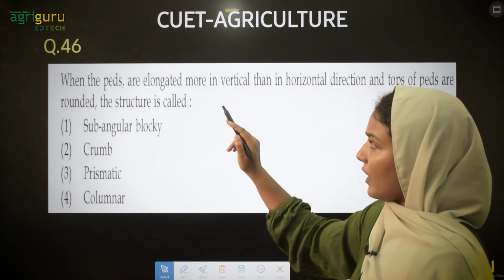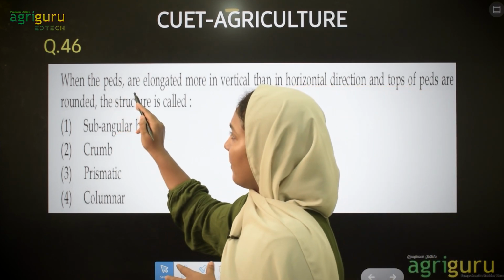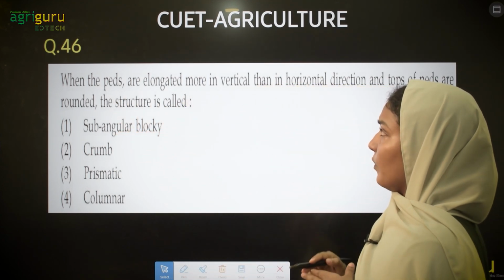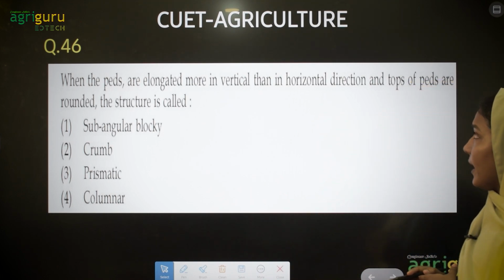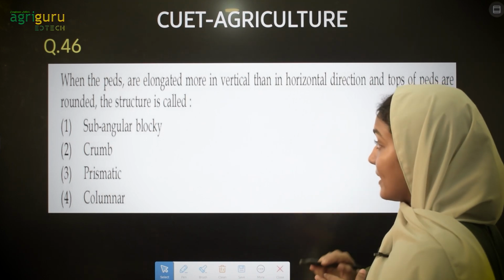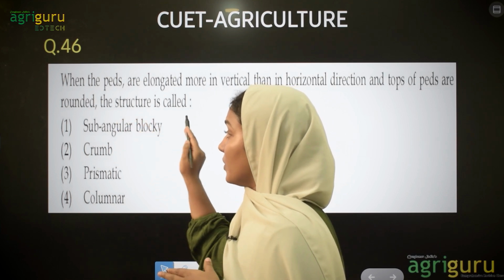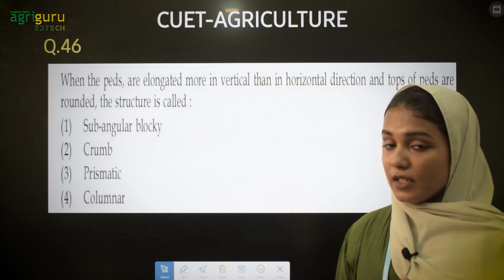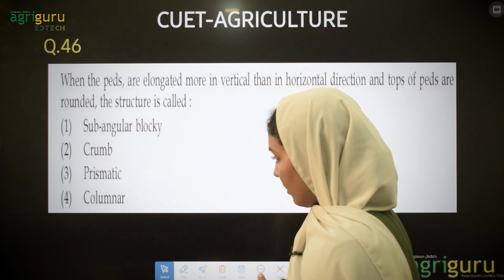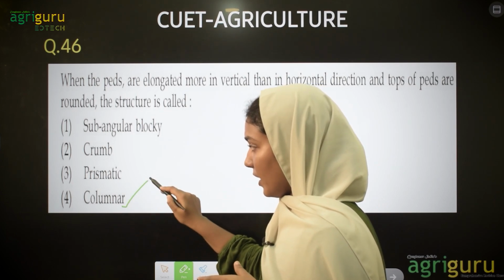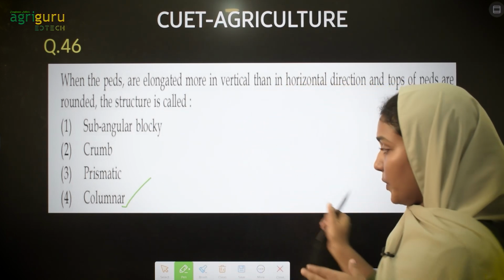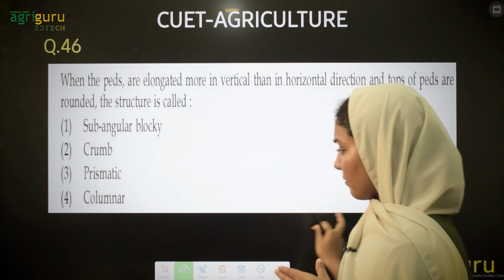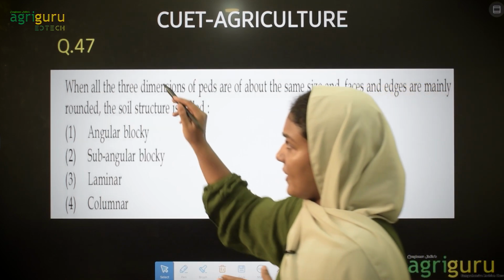The 46th question. When the peds are elongated more in the vertical than in the horizontal direction and the tops of the peds are rounded, the structure is called columnar. It is directly given in the passage. The answer is columnar, option number 4. Next one, 47.